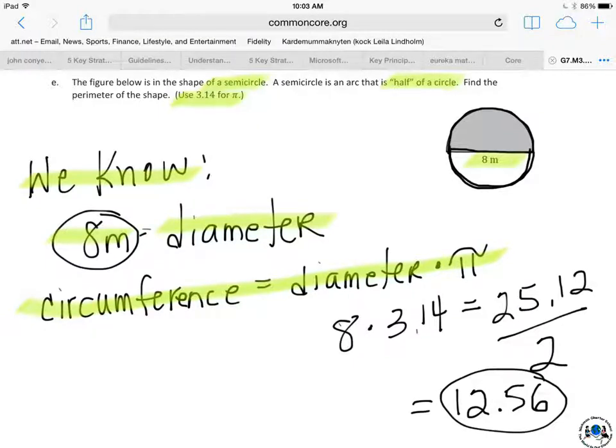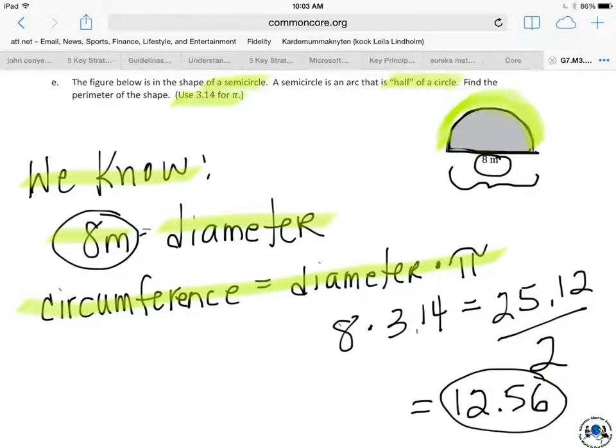Let me just get rid of this for the meantime because I might mess this up. What we know here is we already have 8 meters, this line of perimeter. We know this portion of it. What we don't know is this part of the perimeter.